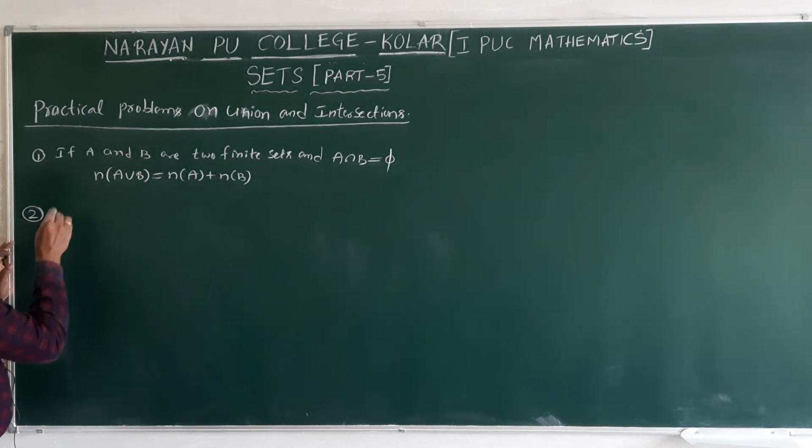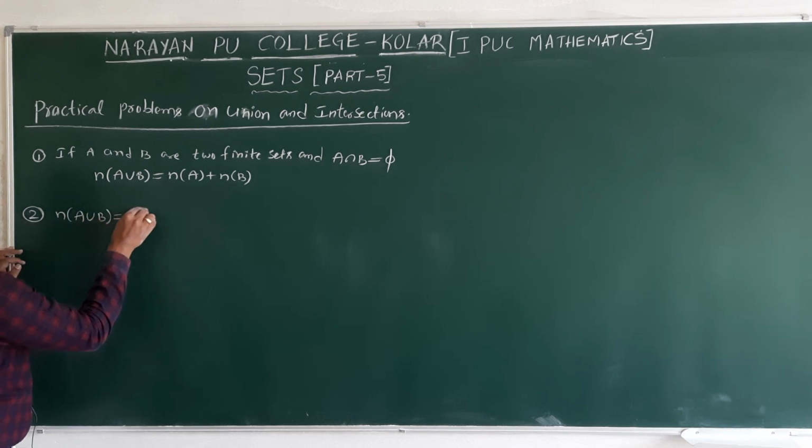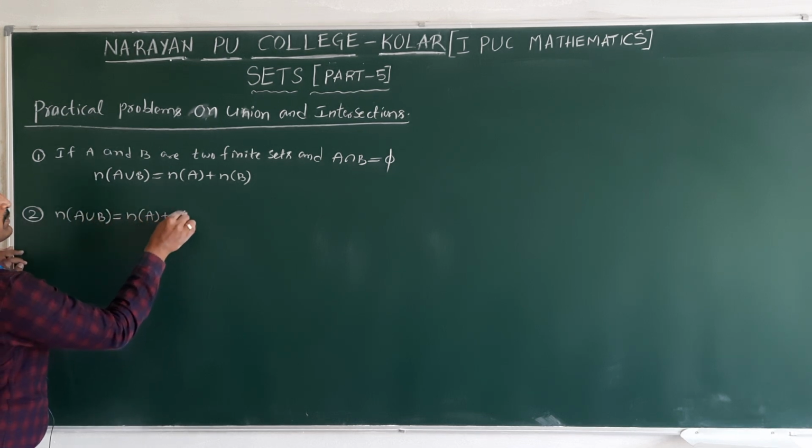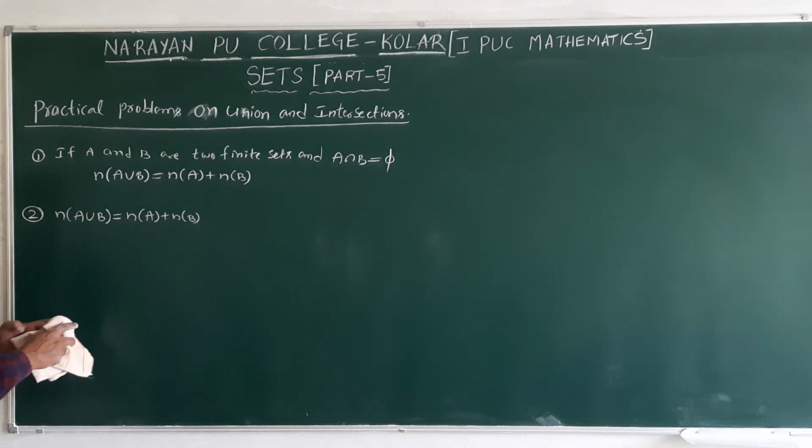Second one, n of A union B. We have the general formula n of A plus n of B, but before writing this, what is the condition?